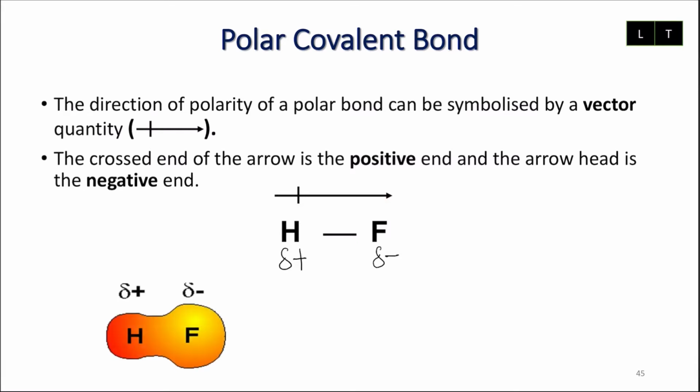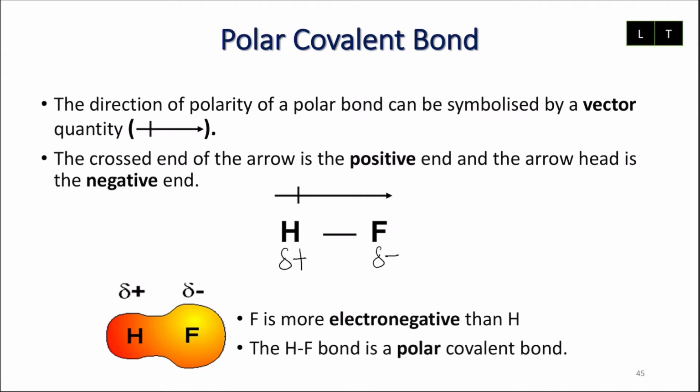So that's why awak boleh nampak electron distribution, electron kan negative charge, dia banyak dan besar dekat arah fluorine, because fluorine is more electronegative than hydrogen. Dan kita boleh buat conclusion as HF bond is polar covalent bond, sebab electron distribution tidak sama.